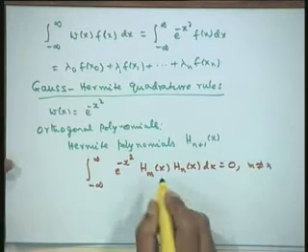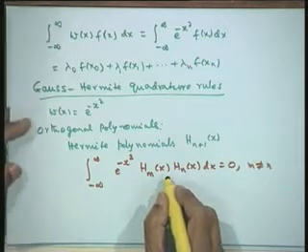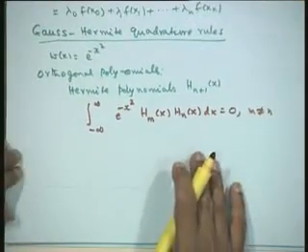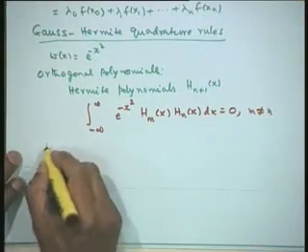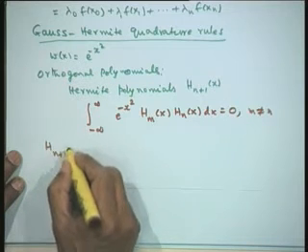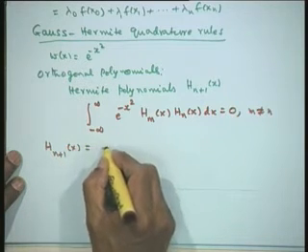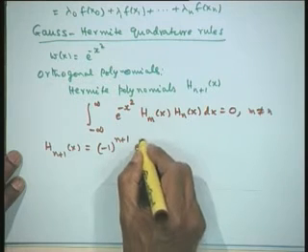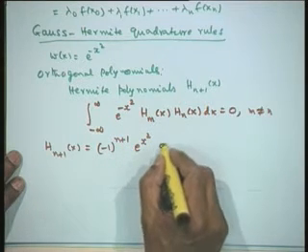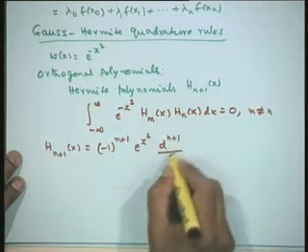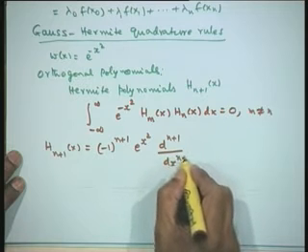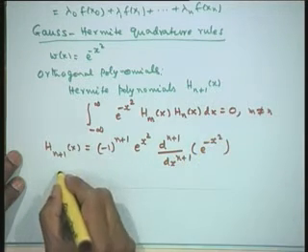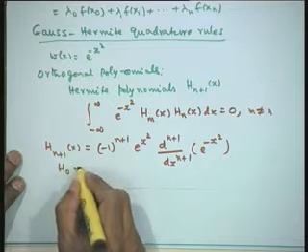Now, let us define what is the Hermite polynomial. Let us just take few of the Hermite polynomials. The Hermite polynomial is defined as this. So, h n plus 1 (x) is given by minus 1 to the power of n plus 1, exponential of x squared outside, d n plus 1 upon dx n plus 1 of exponential of minus x squared, with h0 equal to 1.